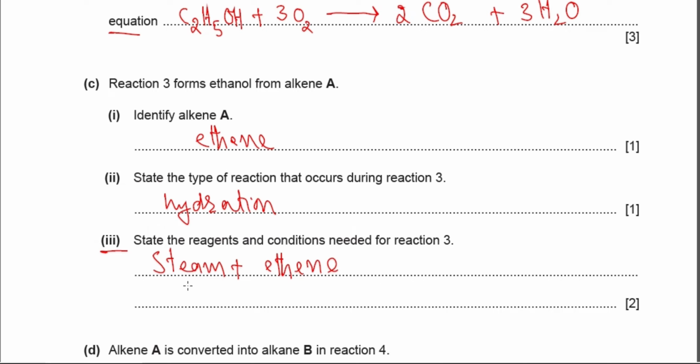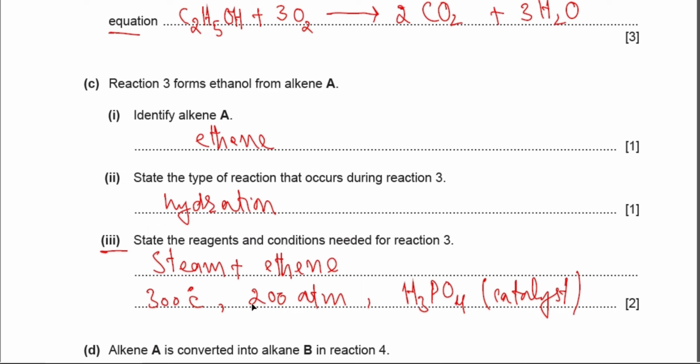The conditions are 300 degrees Celsius temperature, then 200 atmospheric pressure, plus we need H3PO4 which acts as a catalyst. So these are the reagents and these are the conditions.